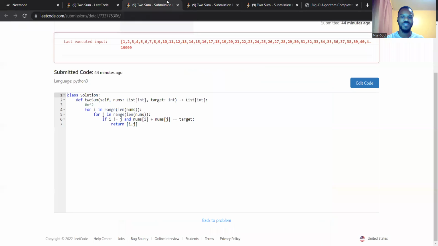However, just to show you, I have what I believe is an n squared solution written out. So I iterate over all of the numbers and do all n operations n times. So that's this nested for loop, which gives you n squared.